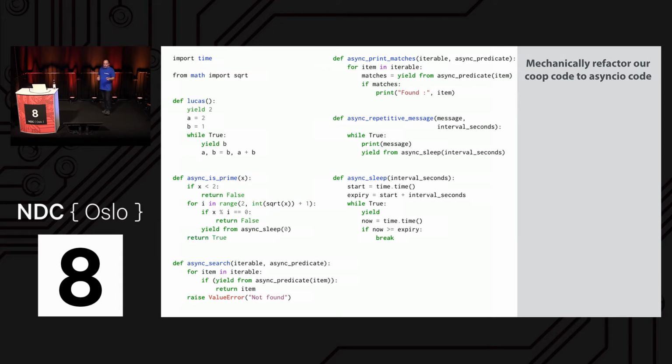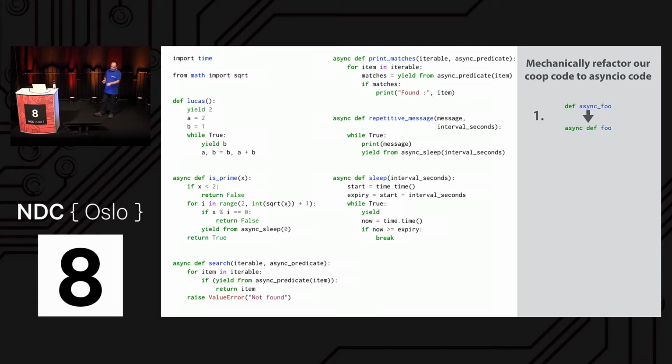So on this slide, I'm showing you, I think, all of the code except for the scheduler, which I've created up to this point, all the functions there, and I'm going to mechanically refactor this. So the first step is every time I've written def async foo, we are now going to write async def foo. Okay? So we're using some keywords that came into Python 3.5 here.